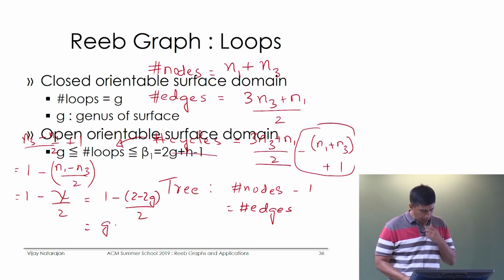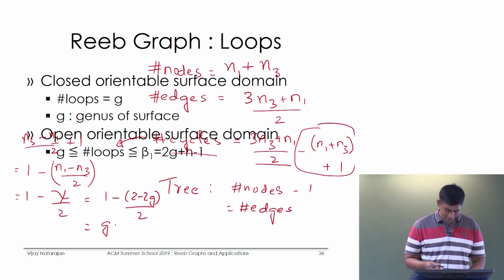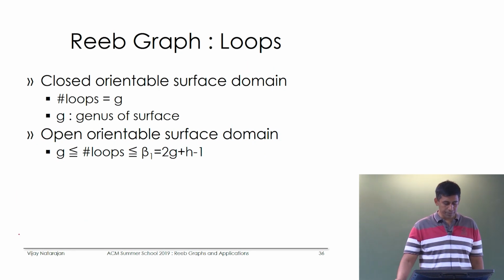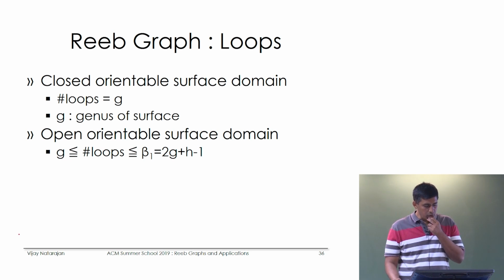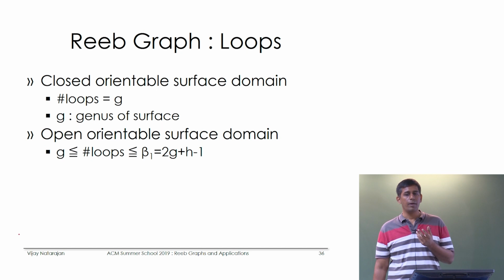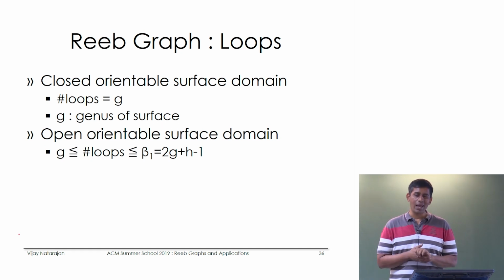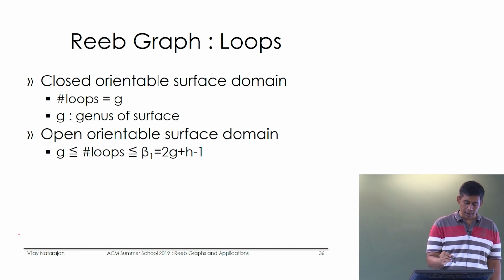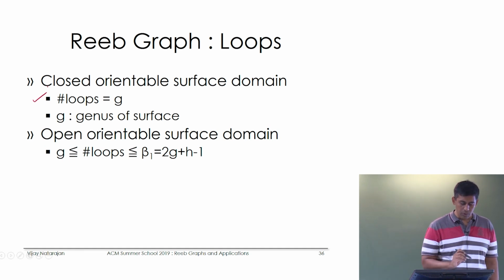What we want is an expression for the number of cycles in your Reeb graph. The argument we saw holds primarily for orientable surfaces. There we saw that the number of cycles is equal to the genus.